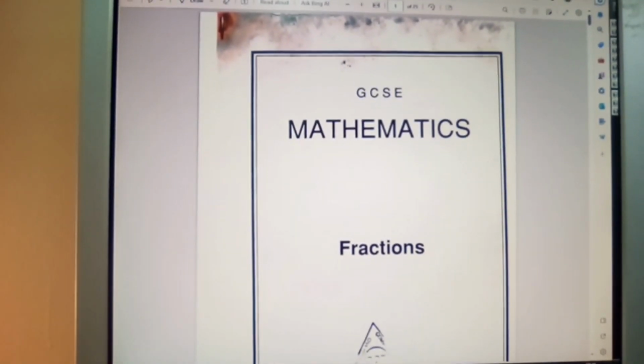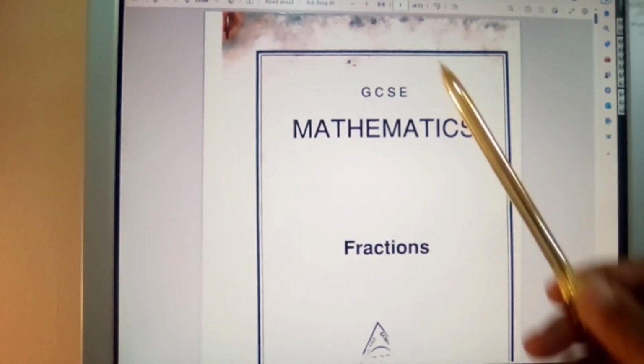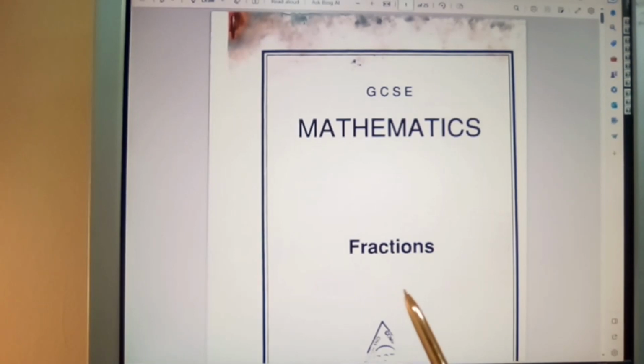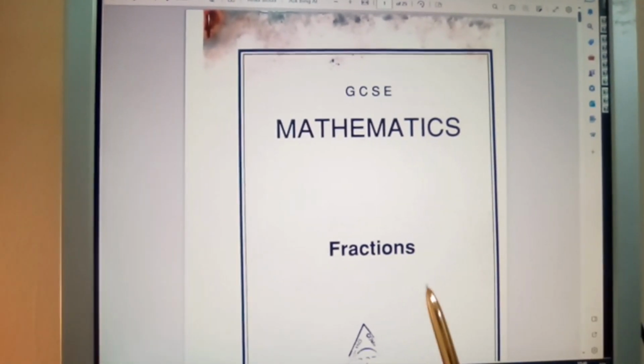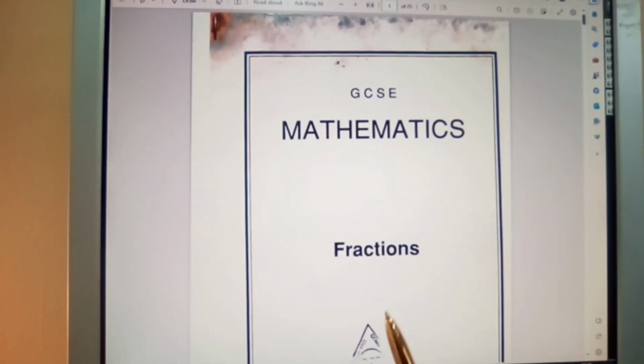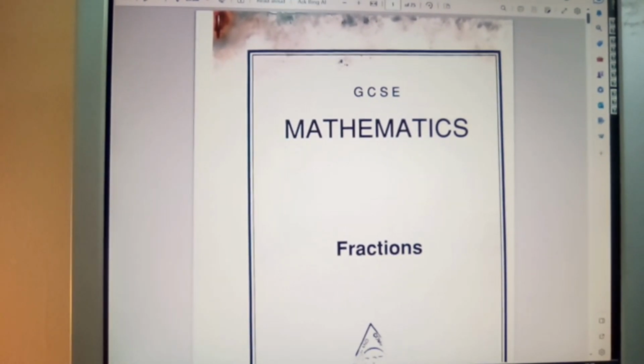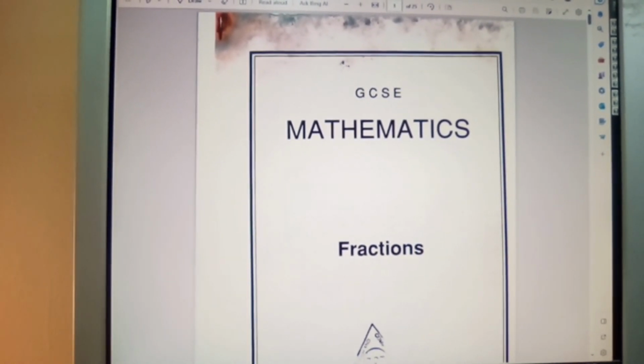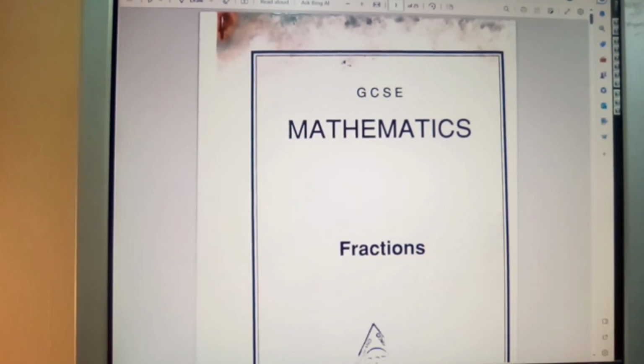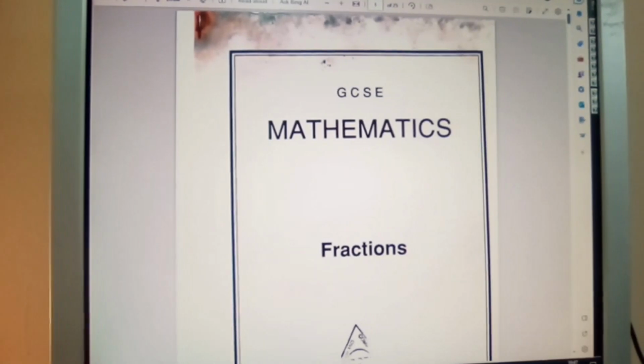What I wanted to do is to continue with mathematics, GCSE, and I want to look at fractions. Now remember that these units are tied in, and the aim here is to improve your mathematical skills overall as an all-rounder, let's just say, okay?